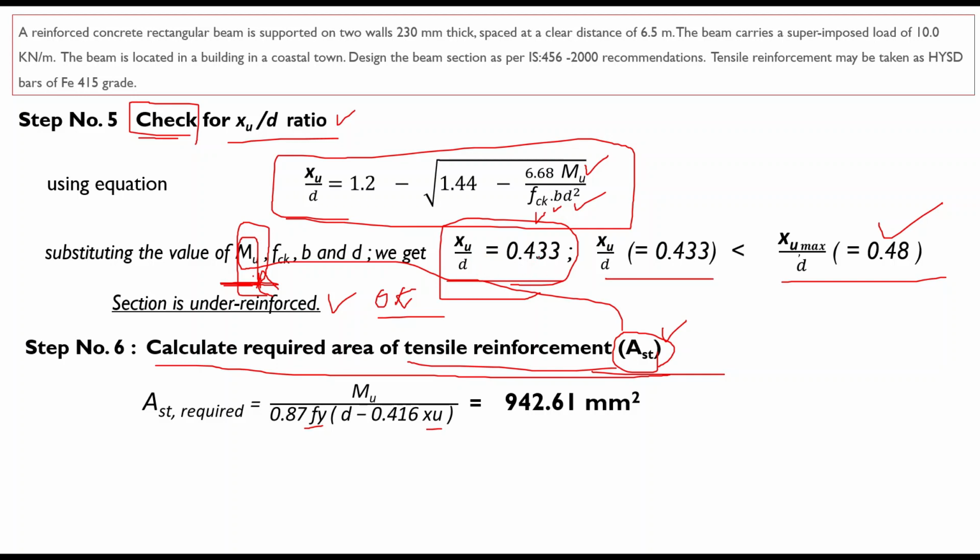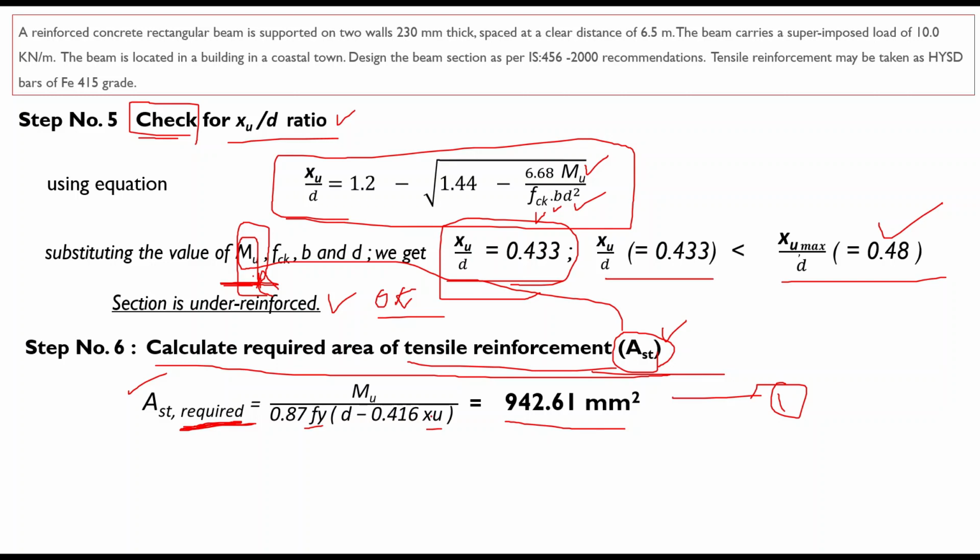You can put all the information into this equation, which we can call equation number 1. So you are able to work out how much tension reinforcement area is required. After doing the calculation, that area works out to be 942.66 mm square.